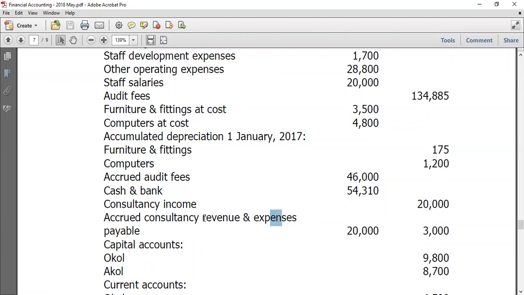Accrued consultancy revenue is an asset, so this 20,000 is for the accrued consultancy, because assets have a normal debit balance. Remember, it's a service that we offered, somebody has not yet paid us. So this 20,000 relates to that. Then expenses payable is this 3,000. Remember, they're on the same line, so you have to make sure that you know what belongs to the other.